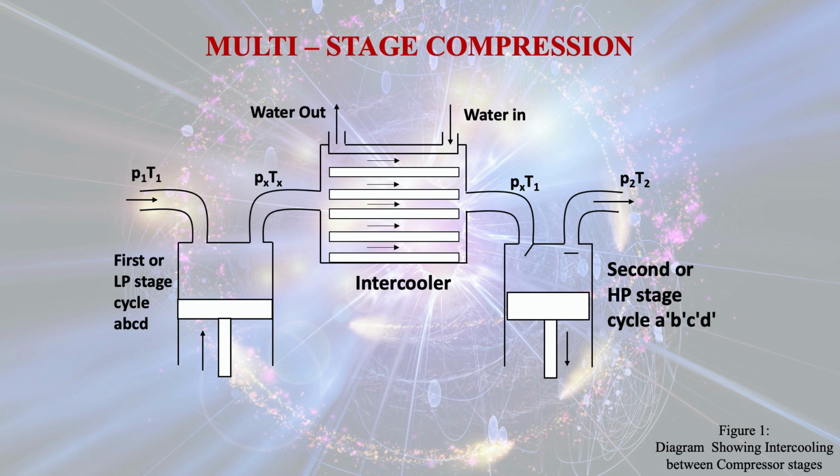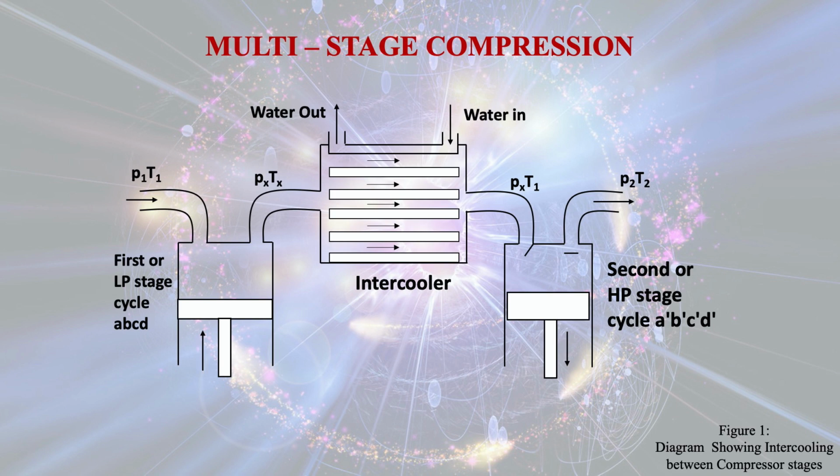Now this is the diagram for showing intercooling between compressor stages. In the first stage of compression, on the left part of this diagram, the initial state is P1 T1, and after compression in the first stage, the final pressure is Px and the temperature is Tx.